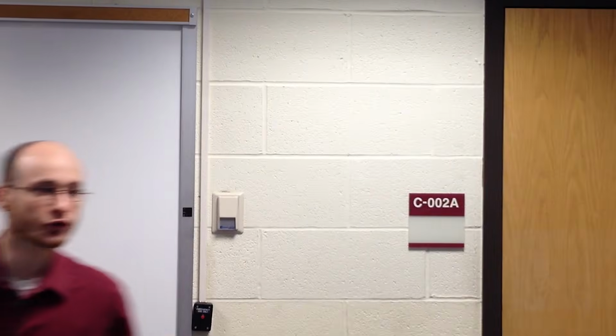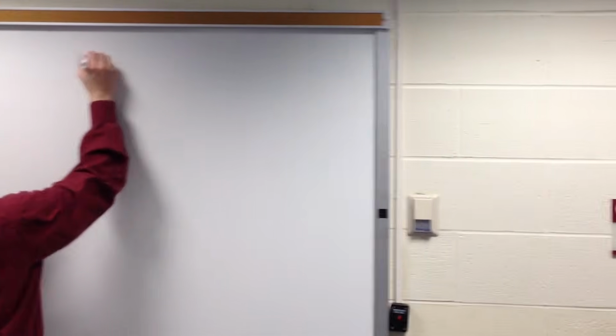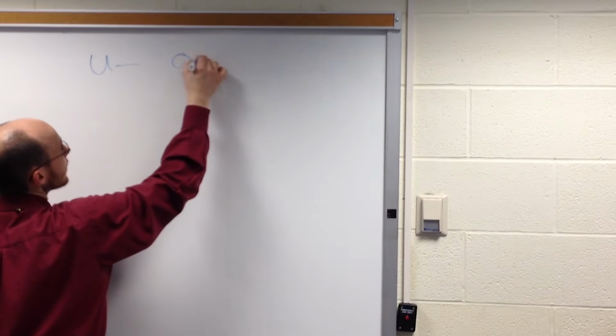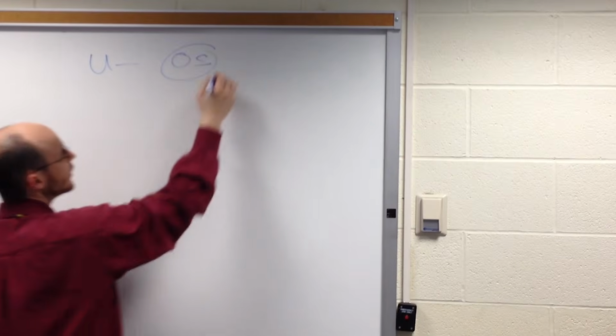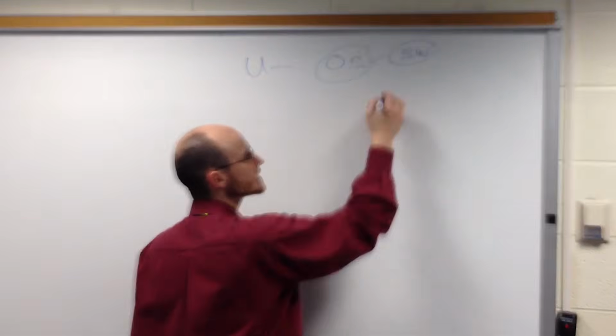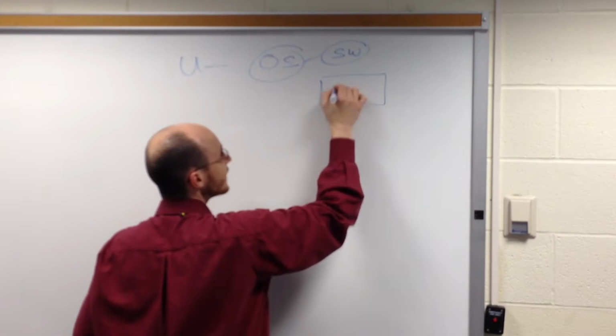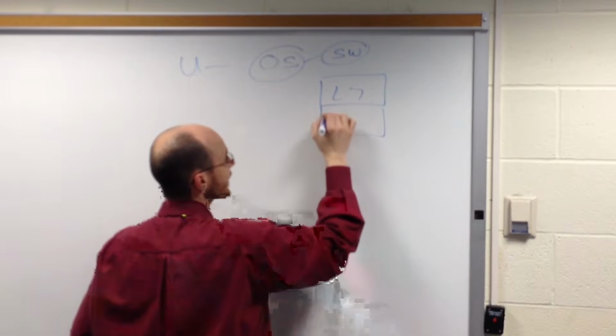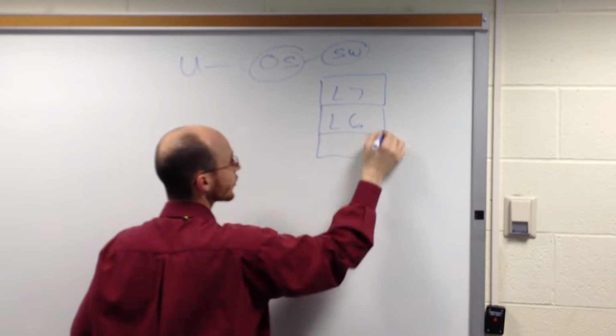You, the user, interact with the operating system, and then it interacts with the software. But the software has to interact with the hardware, right? So we have this stack, these 7 layers that the message has to go through.